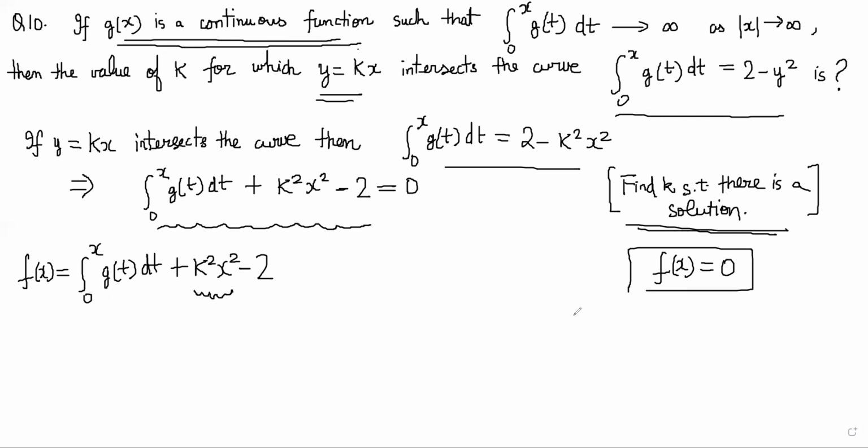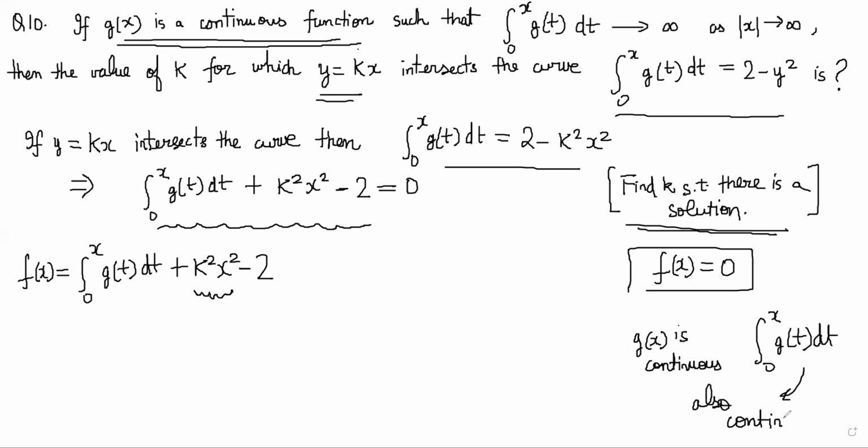Here I'm using the property that if g(x) is continuous, then the area under the curve g(x), basically 0 to x g(t) dt, will also be continuous. And if this integral is continuous, then the whole f(x) is continuous. So we know that f(x) is continuous.